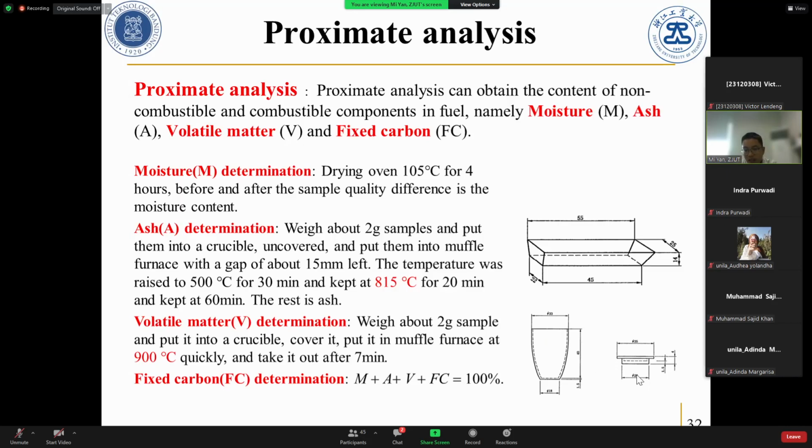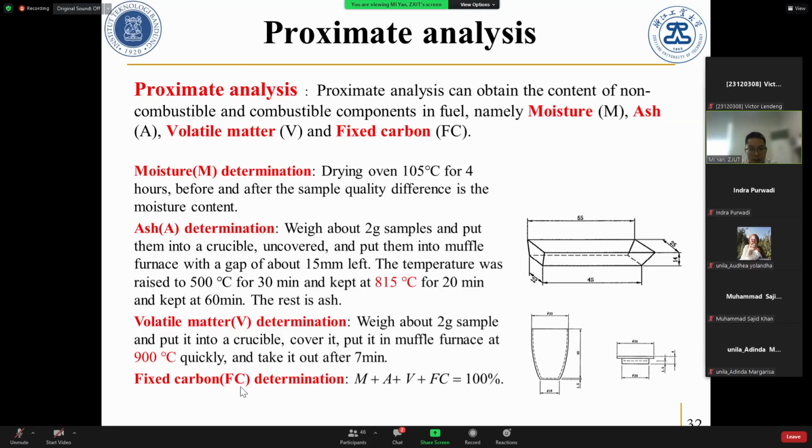So your sample is put here, cover it, then 900 centigrade. For the ash, just open it, air will react with your sample. But for VM, it looks more like pyrolysis. So this is for volatile matter determination.